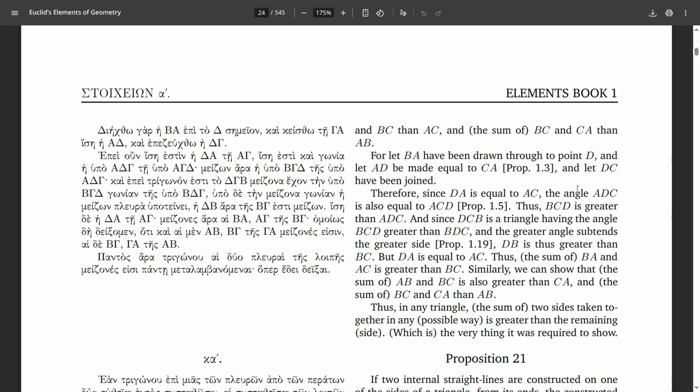It has the big old angle. It is a triangle having the angle BCD greater than BDC, clearly, which is greater than the angle BCD.